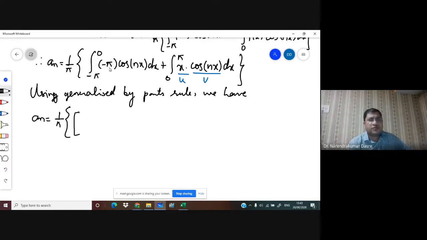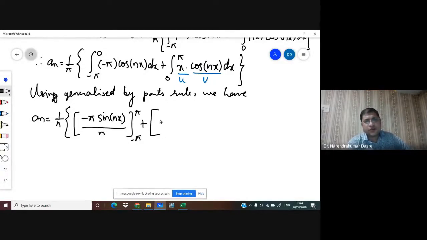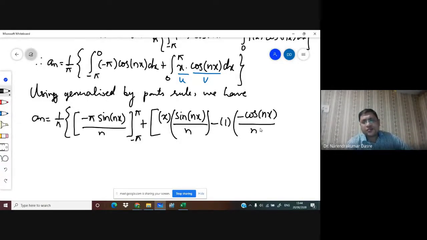This integral will have minus pi sine of nx upon n, and this is minus pi to pi, plus in this integral we have to be careful. x remains as it is, sine of nx upon n, minus the derivative of x is going to be 1, and this is minus cos of nx upon n square, and this is 0 to pi.